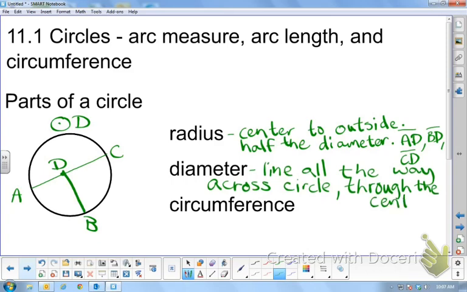Can anyone name a diameter? AC. A to C, or I could have said CA. Doesn't have to be in that order. A to C is the diameter.